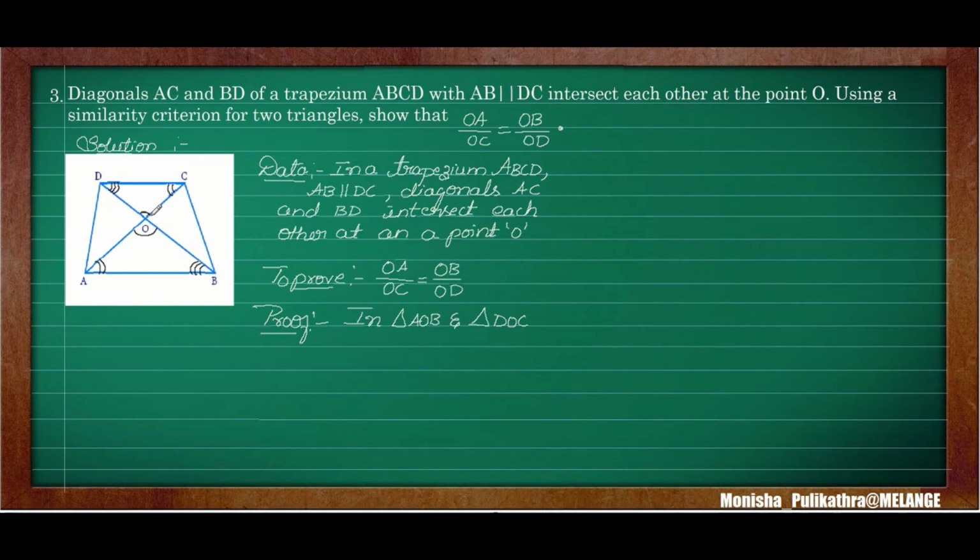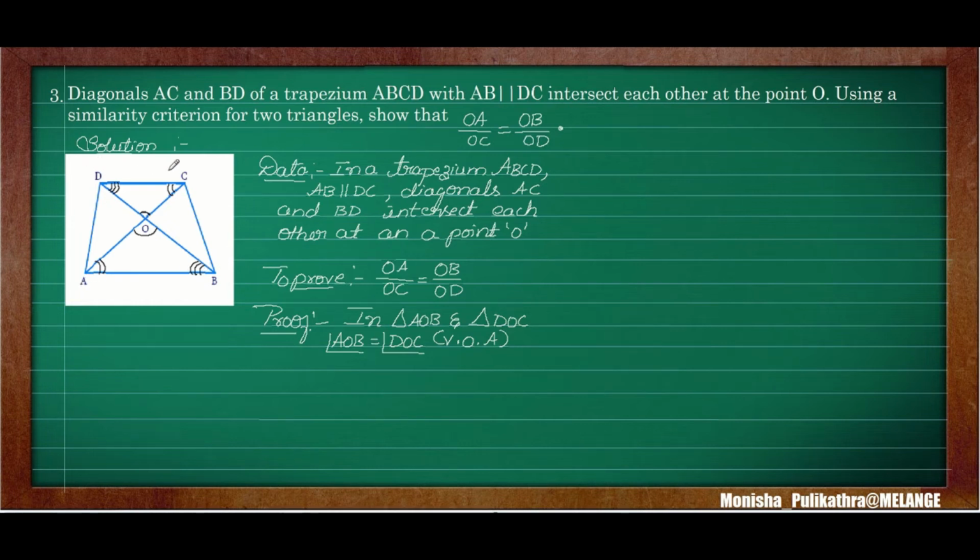In these, the angle at O of the two triangles are equal to each other, that is, angle AOB is equal to angle DOC. Why? Because both are vertically opposite angles. Next is the Z-shape angle, which is called the alternate angle.